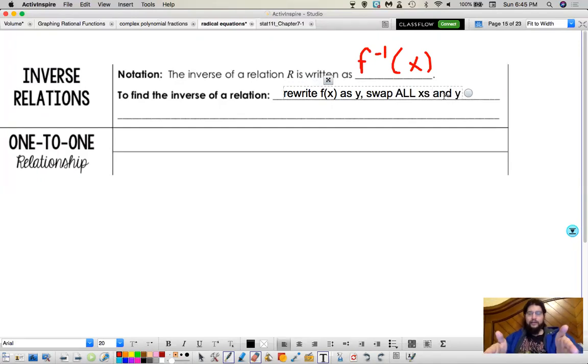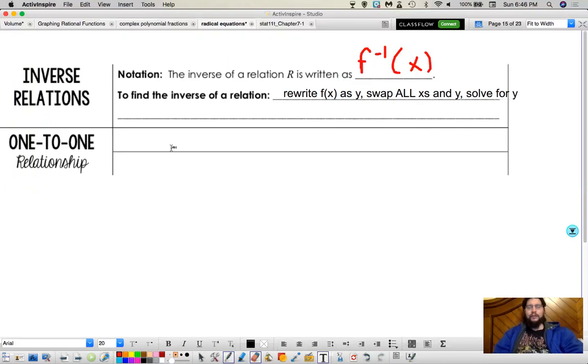Every x is going to become a y, and the one y is going to become x. You might have more than one x, so make sure you replace every single x with a y and every single y with an x. And you solve for y, the new y.